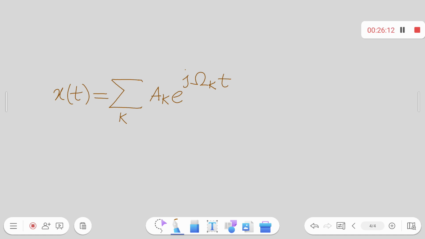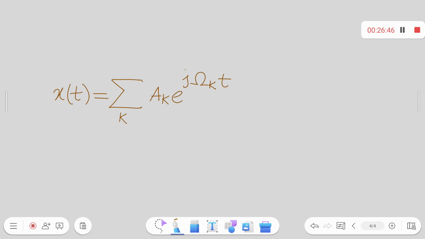There is no such guarantee that your signal is always a sinusoidal signal. It can be anything. So you can have any arbitrary signal, and I'm observing the signal like that. Summation over k. I'm not saying how many such k's are required over there, but some k's will be there. a k e to the power j omega k t.